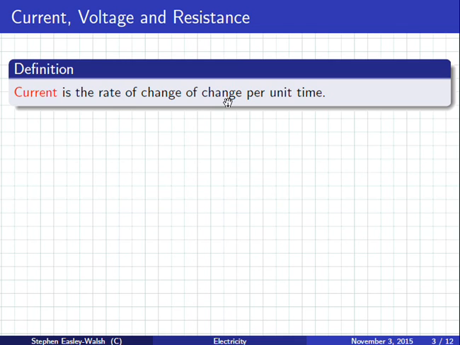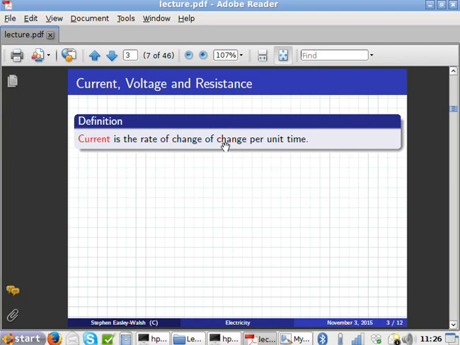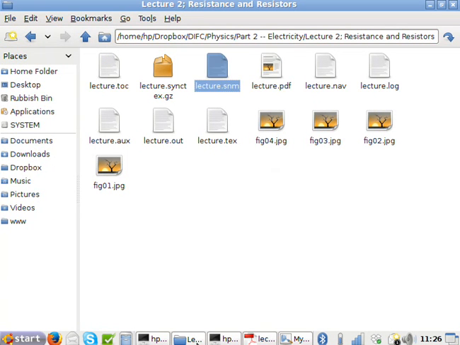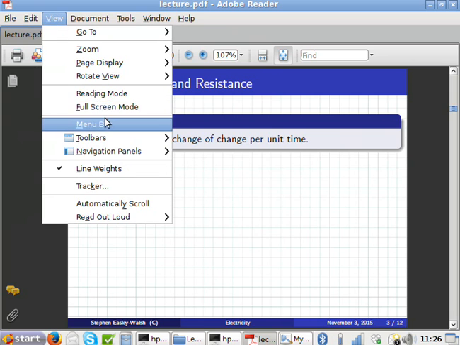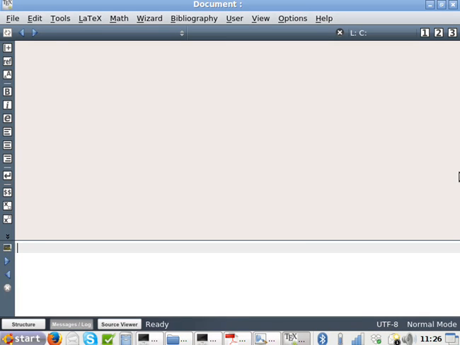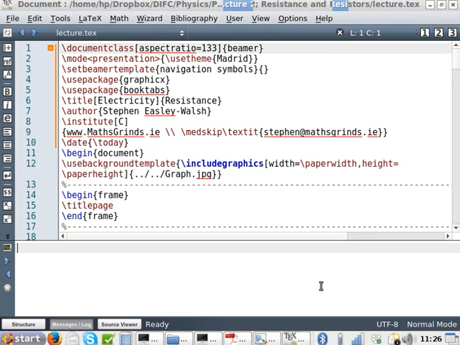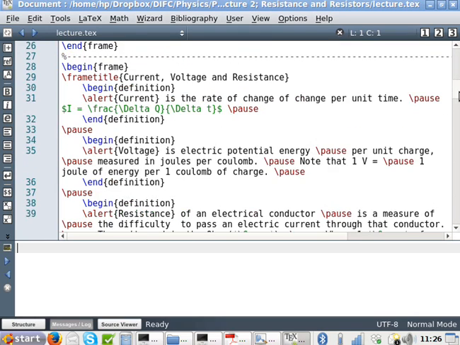Yeah, so maybe it's good to start this by giving some definitions which you need. Current, which we were talking about in the last class, is the rate of change of charge. No, that's a typo. Please change the second word to charge. Rate of change of charge.